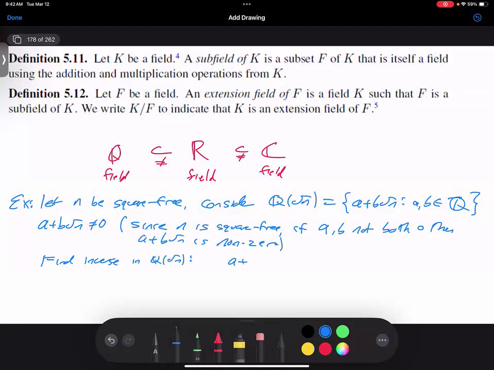So if I give you a plus b root n, in mathematics, there's two ways to do nothing. I can add 0 and I can multiply by 1. Hopefully you remember from algebra 2 or algebra 1, a good way to multiply by 1 here: a minus b root n over a minus b root n. This is called rationalizing the denominator.